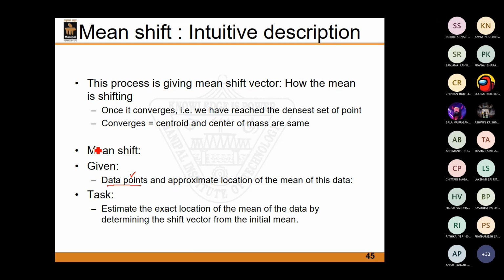In the mean shift algorithm, the task here is to estimate the exact location of the mean of the data by determining the shift vector from the initial mean. Initial mean, in the sense, we randomly select a region of interest, and from it we keep calculating the center of mass and keep shifting and moving it towards the denser regions.